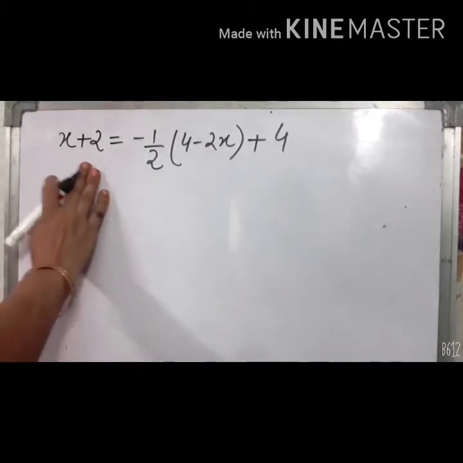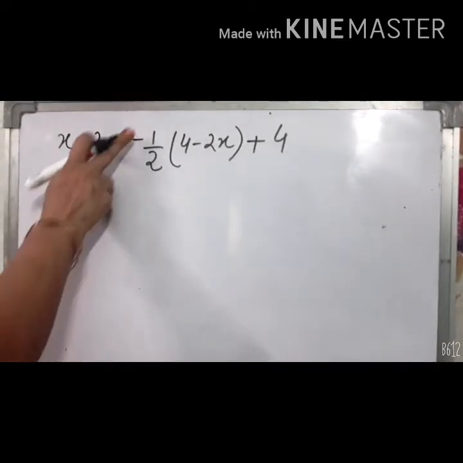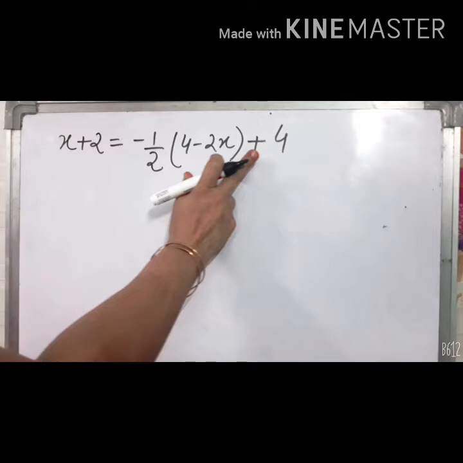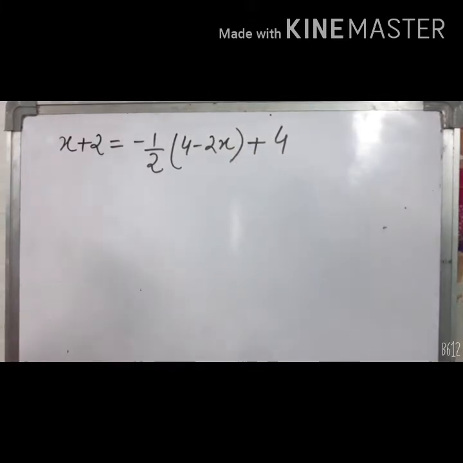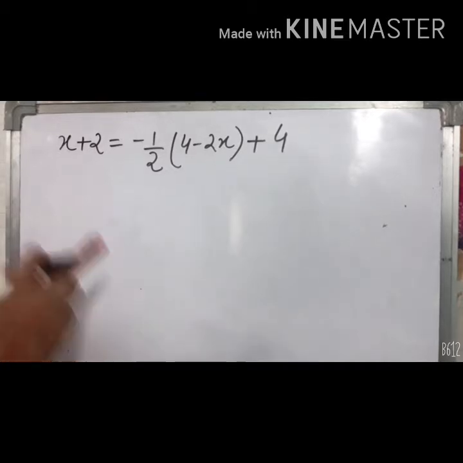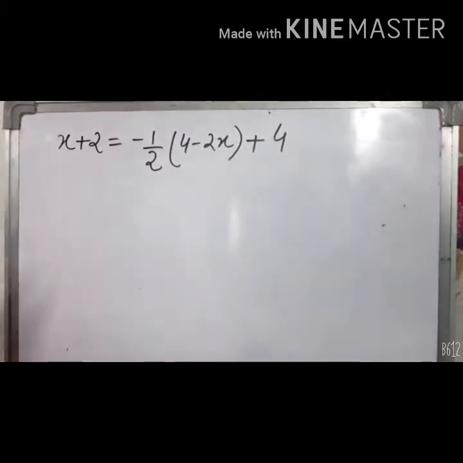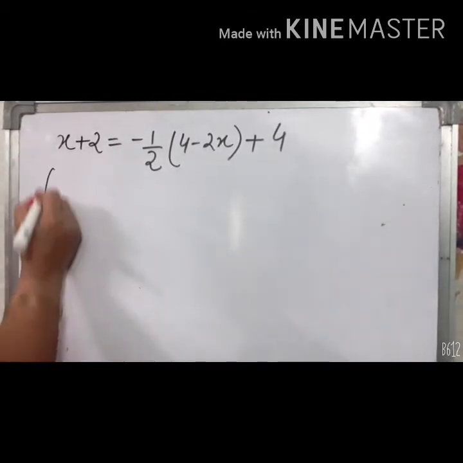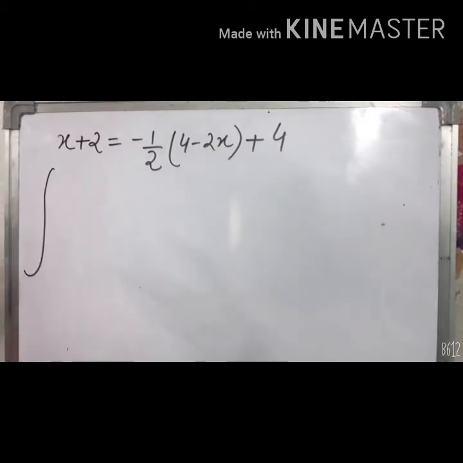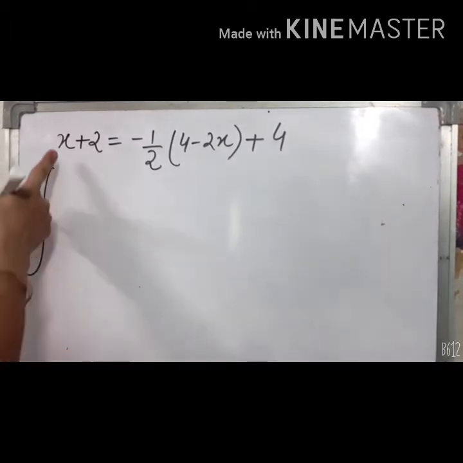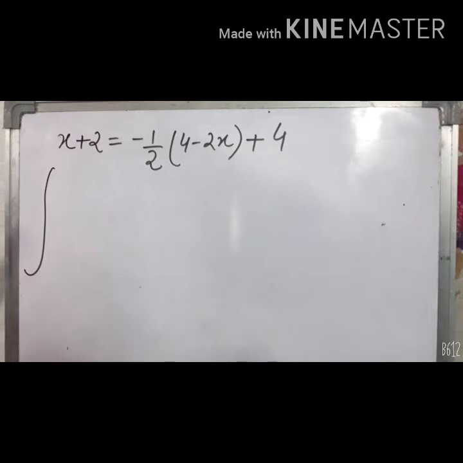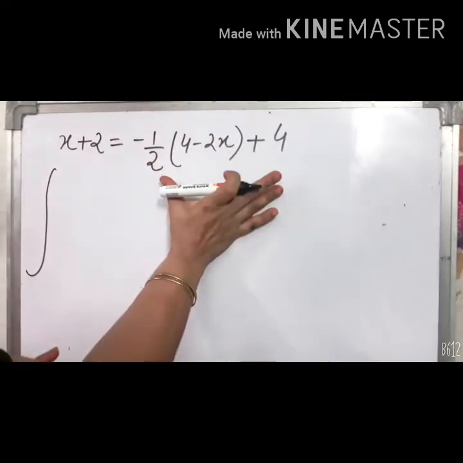Now, x plus 2 is equal to minus 1 by 2 into (4 minus 2x) plus 4. Where I put these values of a and b, where I differentiated, I put there. Now, what was your integral in numerator? x plus 2. Now, I will replace x plus 2 by this value.